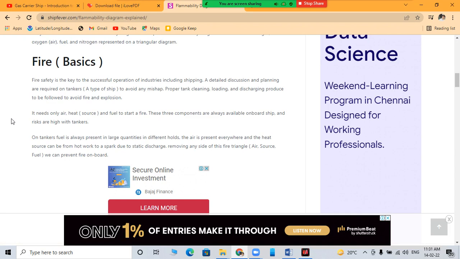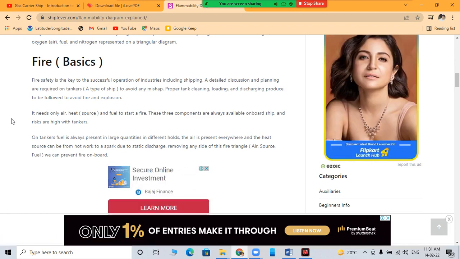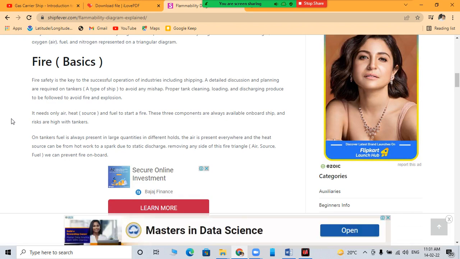A fire generally occurs when the fire triangle has all the elements: oxygen, like the air source, a source of ignition, and any fuel. When these three elements are there, they can be of any type or form.